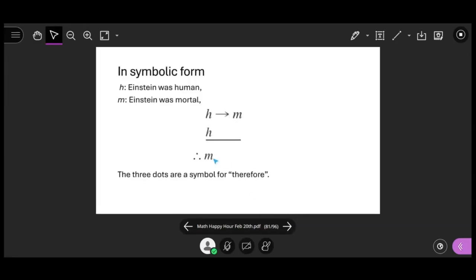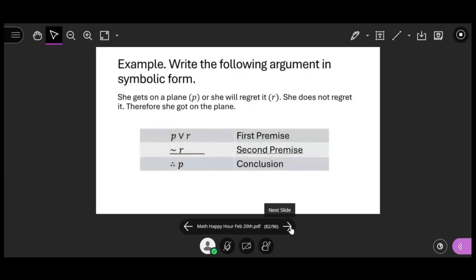Mortal was M. So the three dots here represent the therefore. Once we have our statement written in symbolic form, then we want to show if it's valid or invalid.